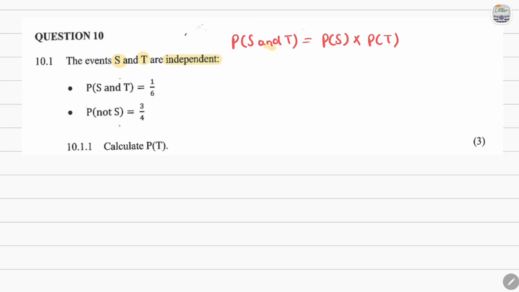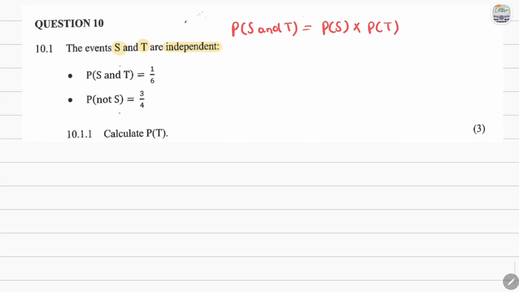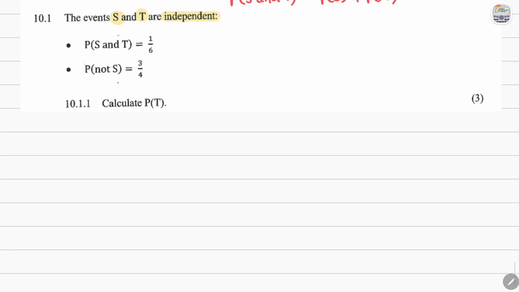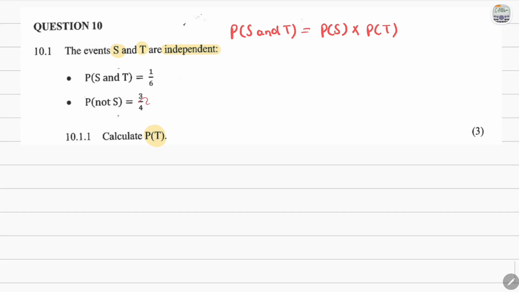Great, so we have that value. And the probability of S is 3/4. And 10.1.1 wants us to calculate the probability of T. So the main goal is to find the probability of T, and this is the information they've given us.